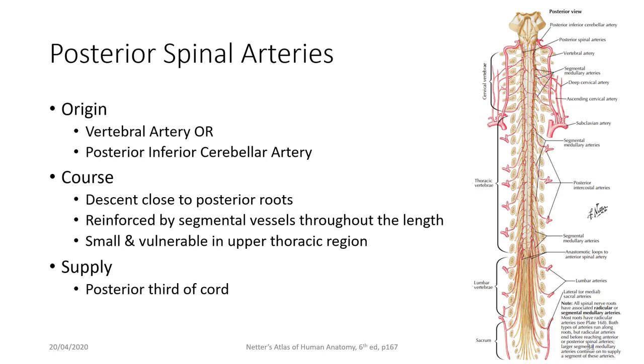And they are so important that, for example, in the lower cervical and upper thoracic region, the posterior spinal artery itself is very small and vulnerable, and if the feeder arteries or segmental arteries are cut, this area will go into necrosis or ischemia. So this is how important the supply of the segmental arteries from the outside is, and they supply the posterior third of the spinal cord.